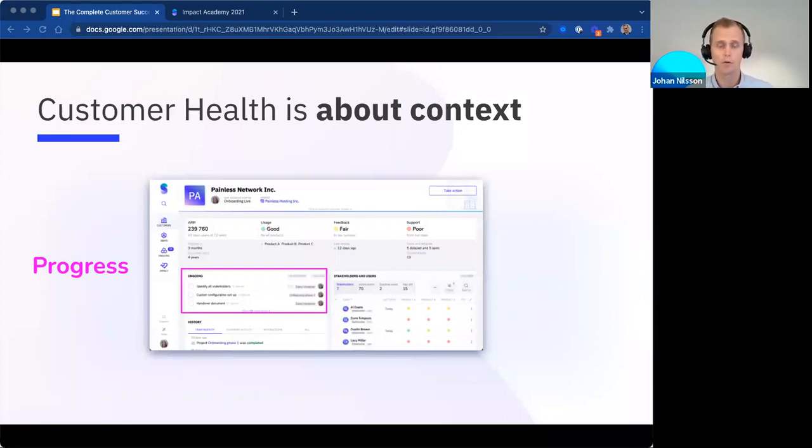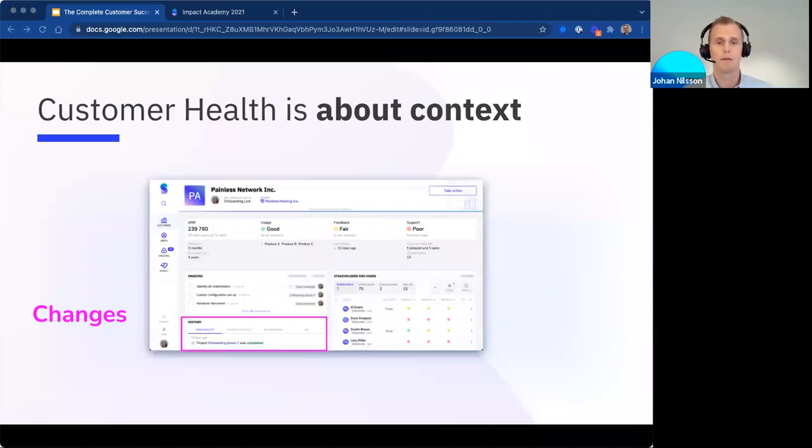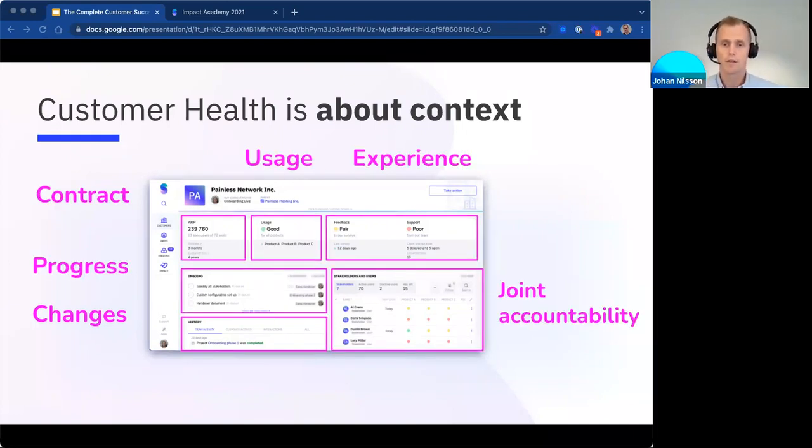So we need to see our progress. And lastly, but probably most importantly, we need to be in control of changes, developments, stakeholders changing, things happening on the customer side. There's a lot there.